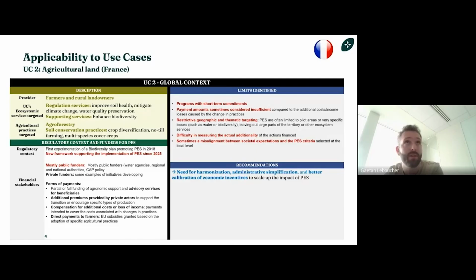So it's linked with the MRV solutions that we need to precise. And maybe one more point about the administrative constraints. One recommendation would be to harmonize and simplify all the procedures, which is maybe the first barrier for farmers to implement PES.